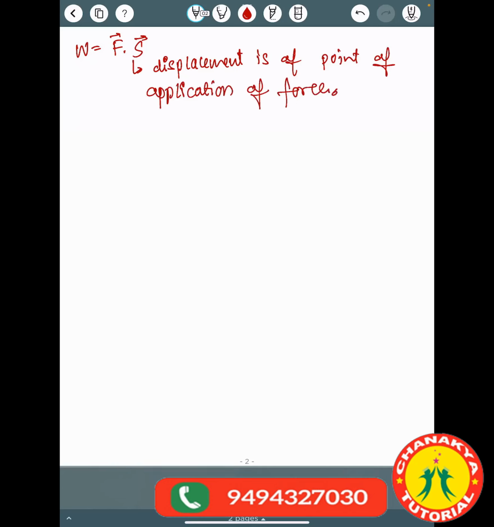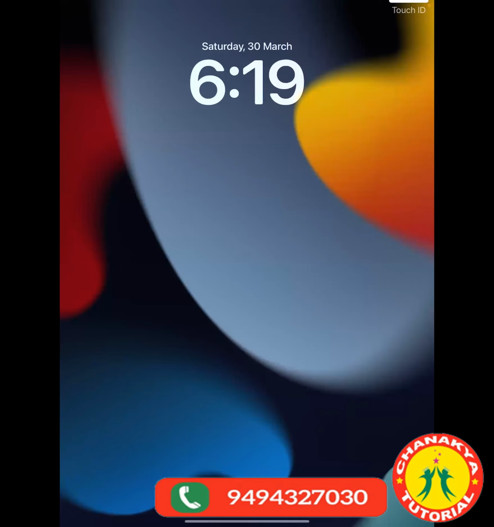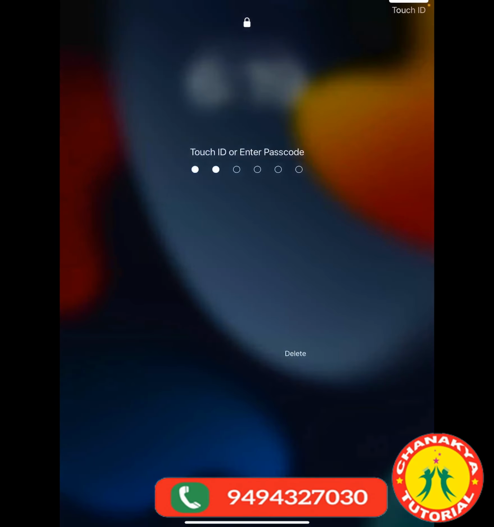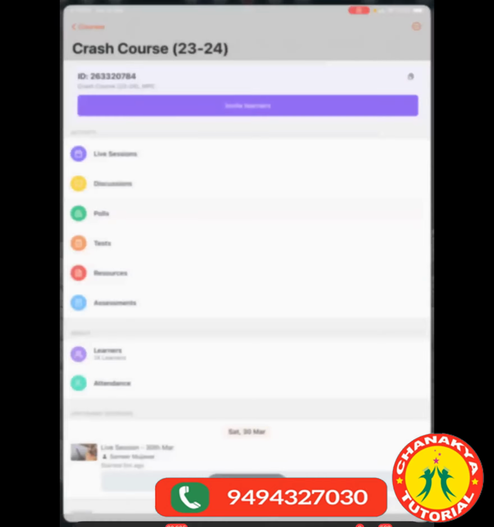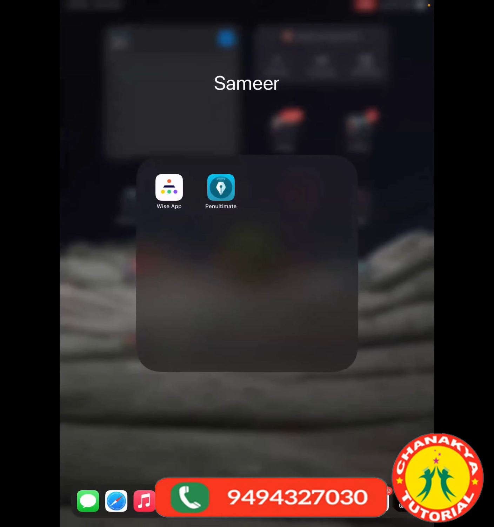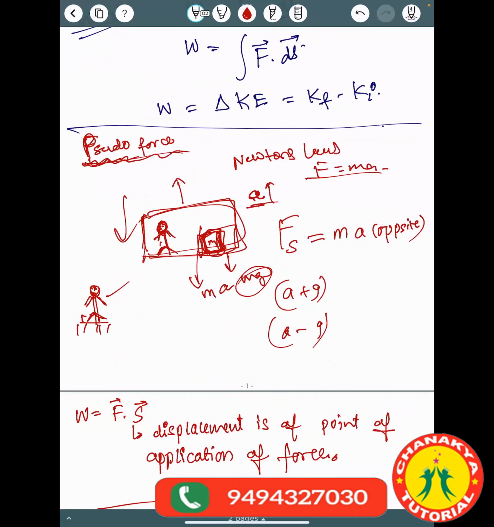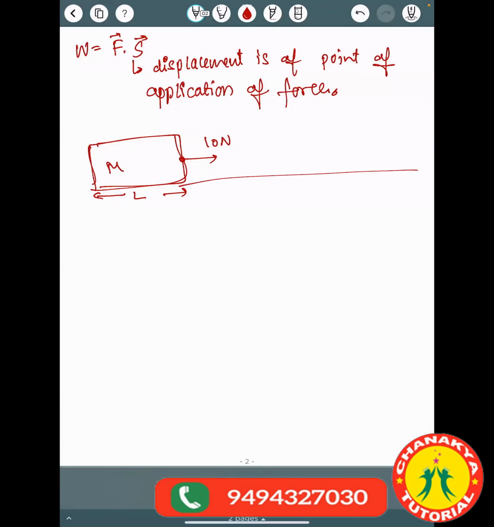So what does that mean? For example, let us say there is this block of length L and a mass M. Let us say I will apply a force of 10 Newton, and I will displace it by 10 meter.